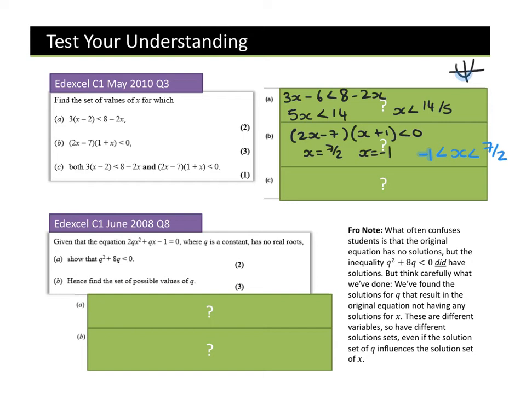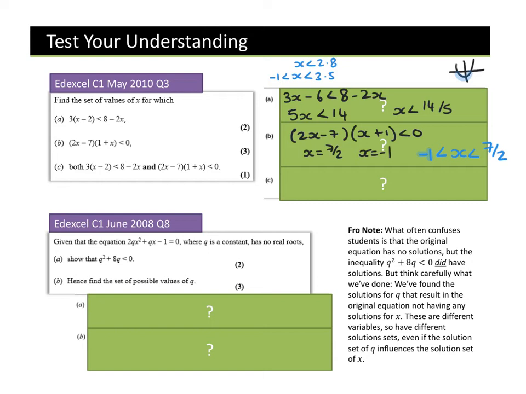Now, we've already done a lot of the hard work in the first questions. 14 divided by 5 is, in fact, 2.8. So if you were to look at this, x has got to be less than 2.8, but x has to be in between minus 1 and 3.5.